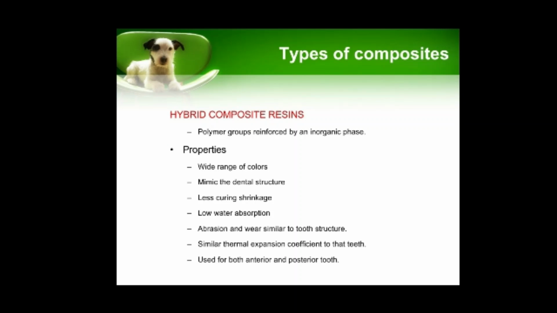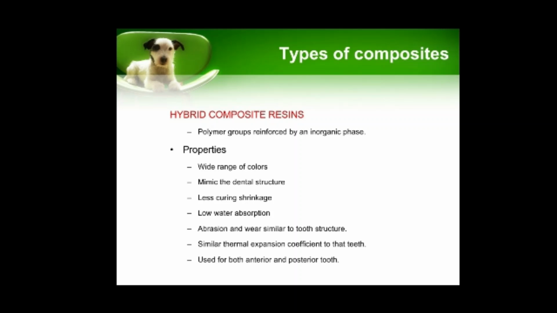Types of composite. First is the hybrid composite resin. These composites are so called because they are made up of polymer groups, that is the organic phase, reinforced by an inorganic phase comprising 60% or more of the total content.